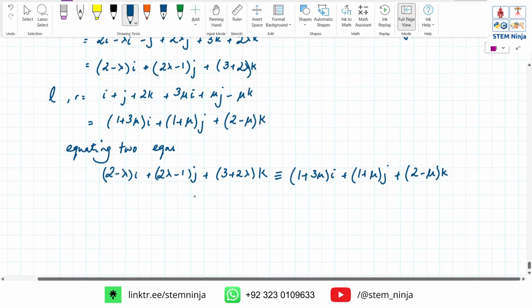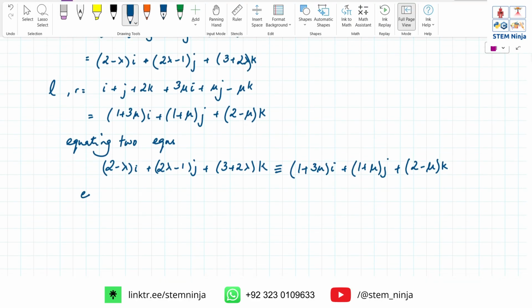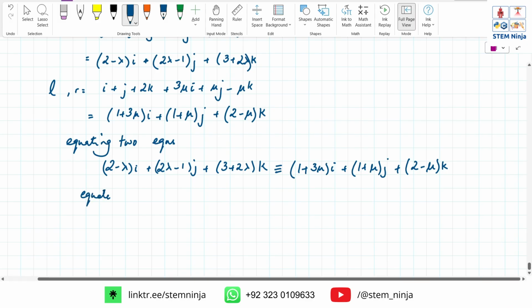Now we equate coefficients same way as before. So 2 minus lambda equals 1 plus 3 mu. 2 lambda minus 1 equals 1 plus mu, and the last one, 3 plus 2 lambda equals 2 minus mu.